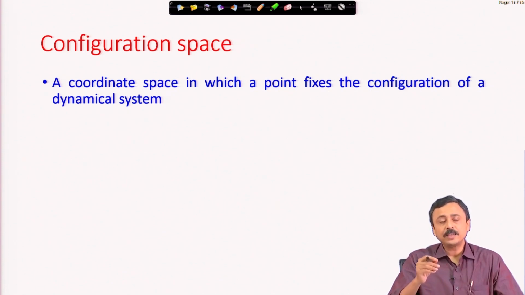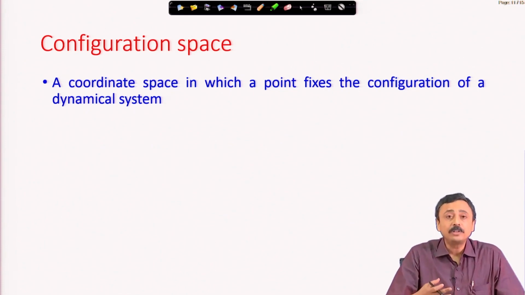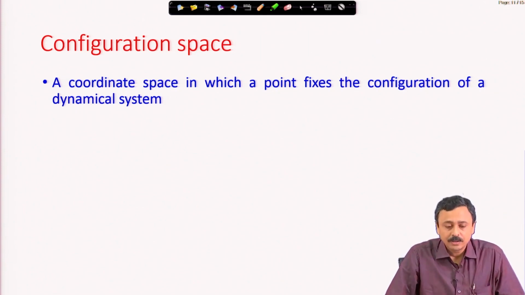Therefore, there also we can think about some paths, but suppose it is a more general thing, a combination of a number of bodies, or there are constraints. How do we define paths, or how do you define the configuration of a complicated system?